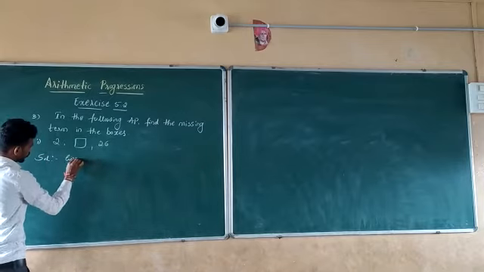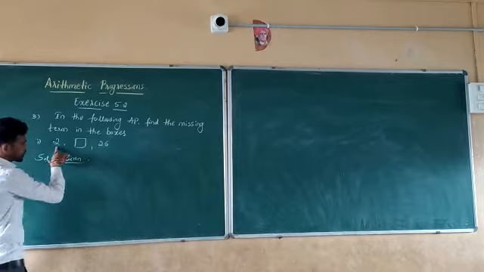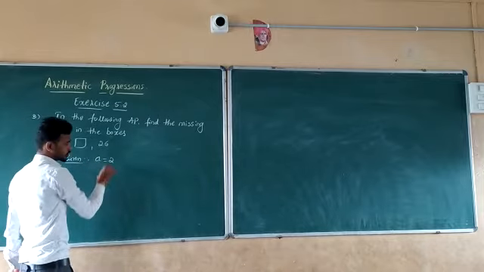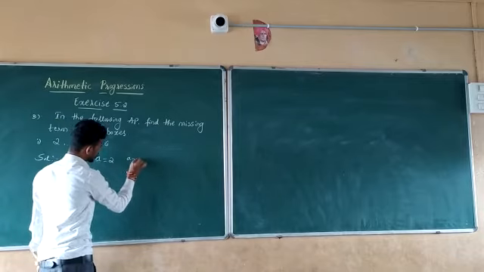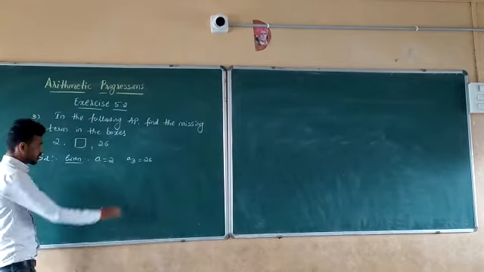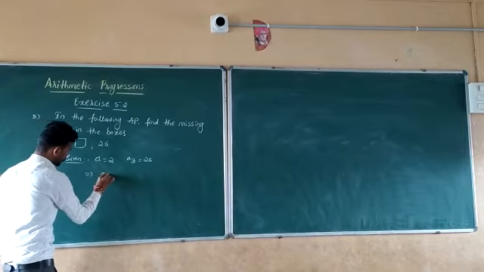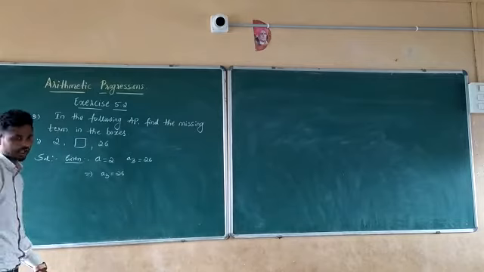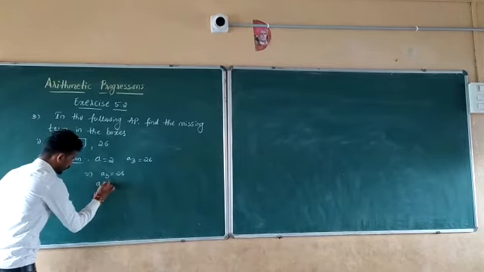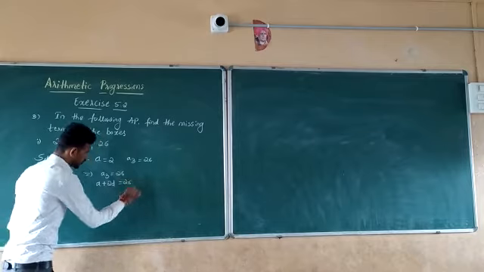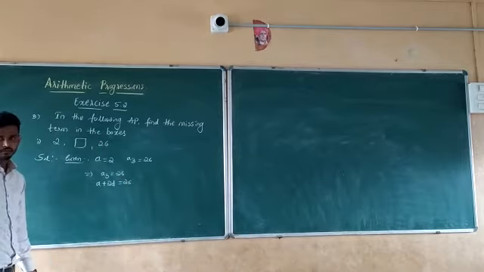Okay, given: this is the first term, that is a equals 2, and this is the third term, that is a3 equals 26. A3 in general form we can write as a plus 2d, which equals 26.